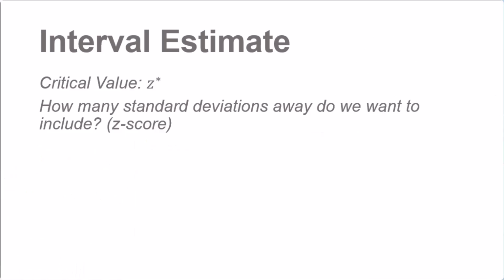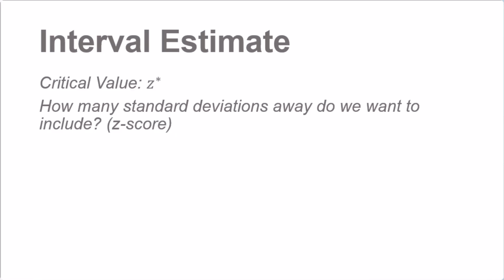So our interval estimate is based on the sample proportion and the standard error, but we also need a component called the critical value. And when we're dealing with a normal distribution, which is the sampling distribution for proportions, this is going to be a z-score, or we call it a z-star.